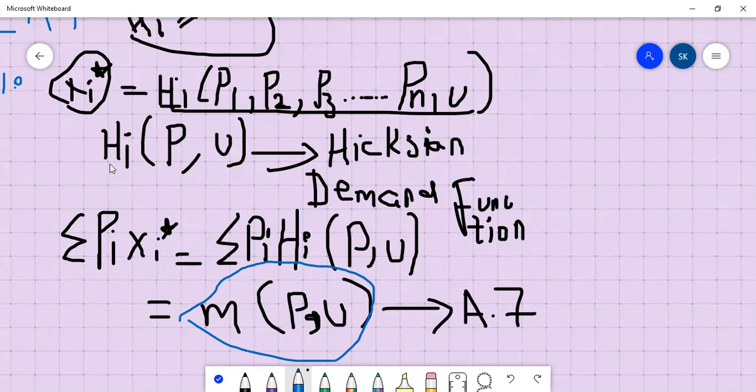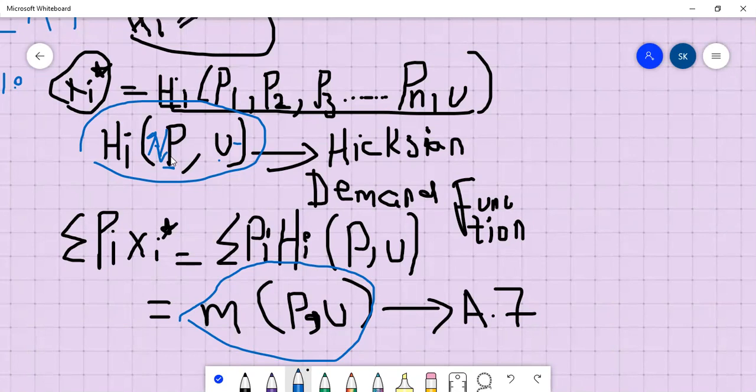This is also known as the compensated demand function due to change in the price, as a result of changes in the price and the demand with the utility held constant. If there is an increase or decrease in the price with utility held constant, we automatically make changes in the expenditures that are required to compensate for the effects of price change. It is known as the compensated demand function.